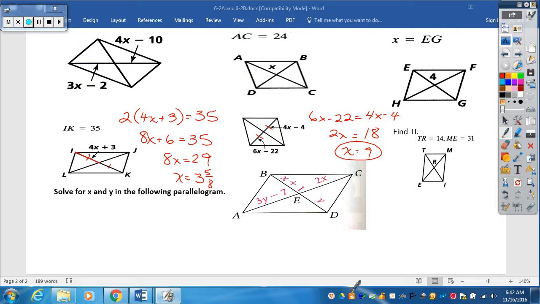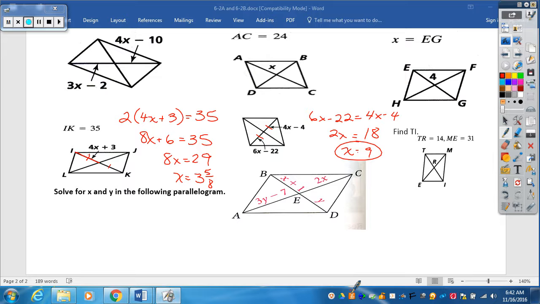If I take 9 times 6, that's 54, minus 22, that would be 36. Did I do that right? 9 times 6 is 54. Oh, no, 32. Sorry. Okay, so 54 minus 22 would be 32. And then 9 times 4 is 36, minus 4 is also 32. So we know that x is correct there.